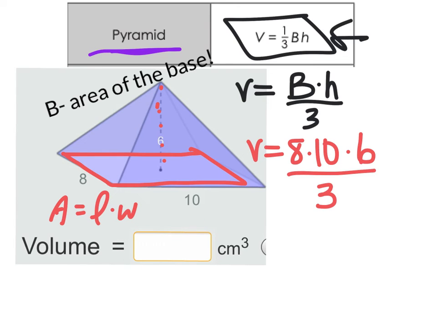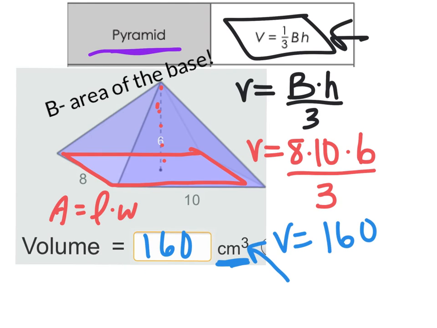So let's go ahead and do that. 8 times 10 times 6, and then divide that by 3. So that gives us 160. So the answer here, 160, and they've already labeled it for us, volume cubed. So it's a three-dimensional figure, so our exponent is a 3. It's 3D, it's to the 3rd power.